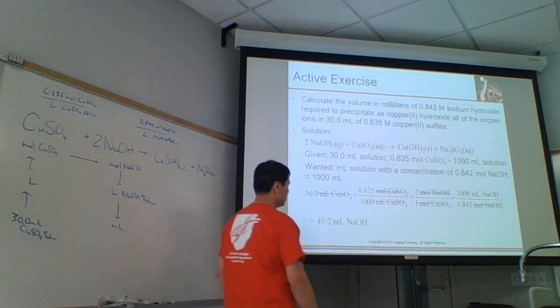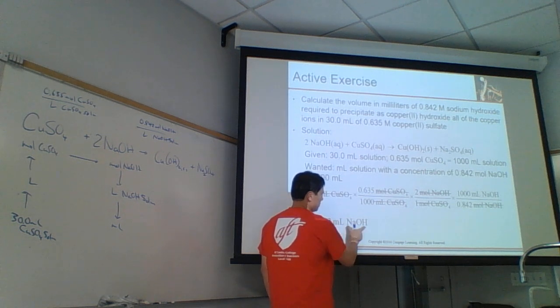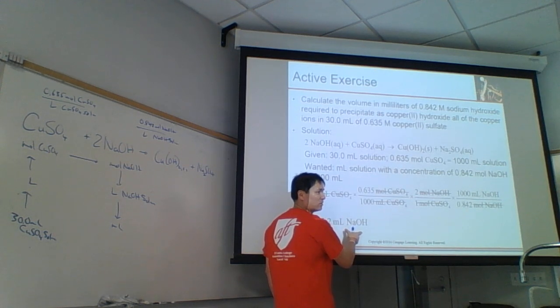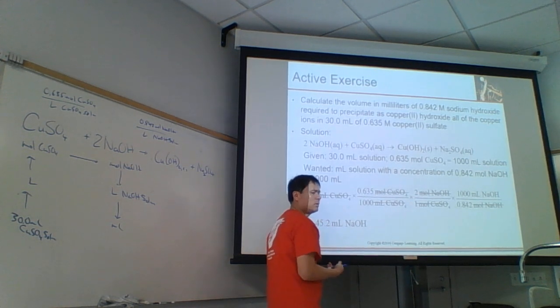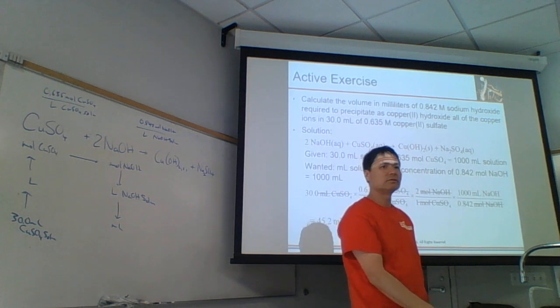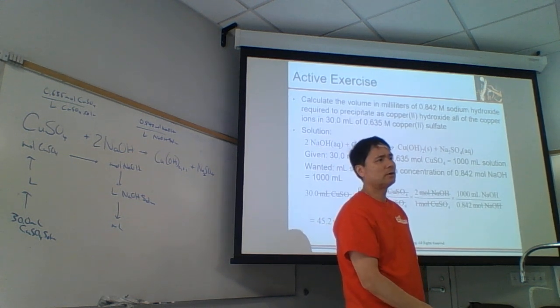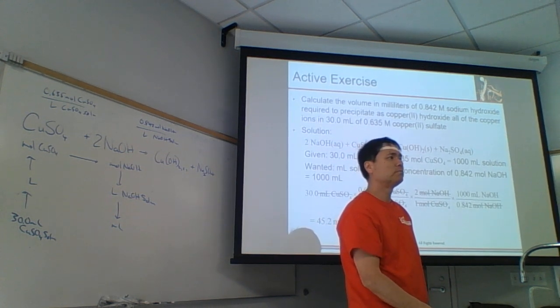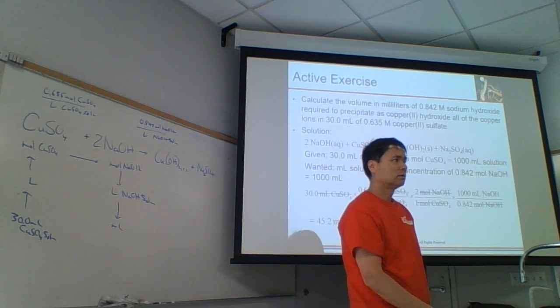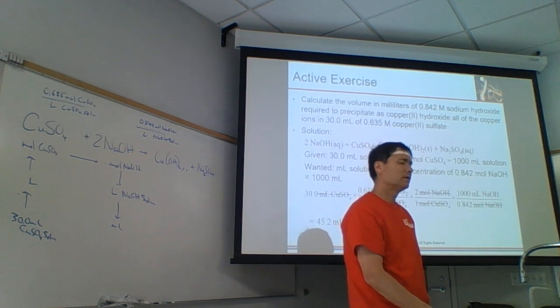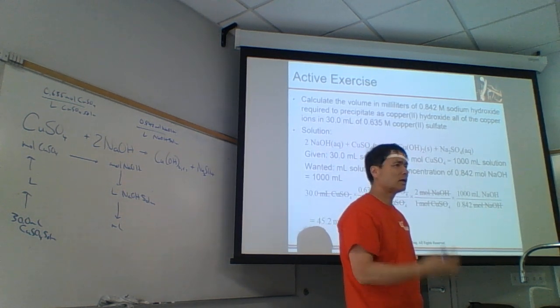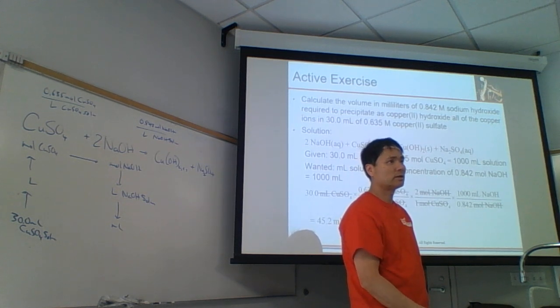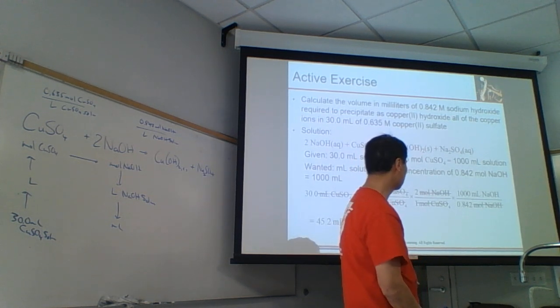Then your book also does this. They don't distinguish. People get confused. Is that milliliters of pure sodium hydroxide or milliliters of sodium hydroxide solution? And so in Chem 1A, students always get confused. For example, if I ask you milliliters of pure sodium hydroxide, you're thinking I need the density of the sodium hydroxide. It's a solid. You gotta figure it out.